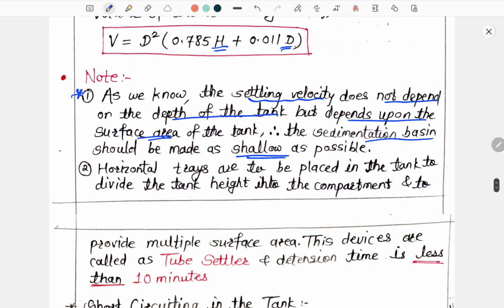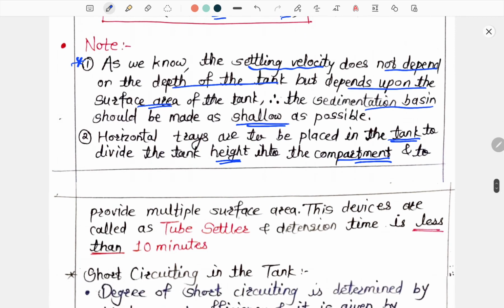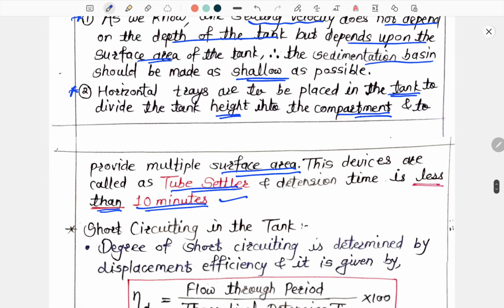Next point is horizontal trays are to be placed in the tank to divide the tank height into compartments and to provide multiple surface area. These devices are called tube settlers and detention time is less than 10 minutes. So these 2 points are very important in the case of tank.